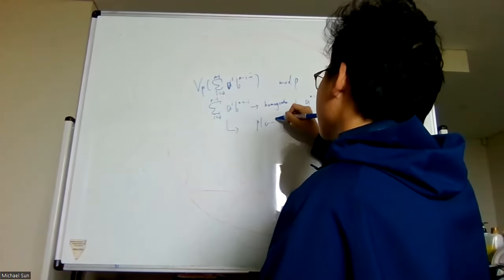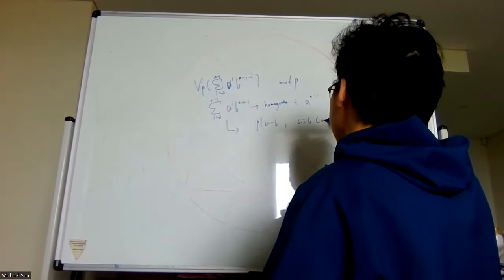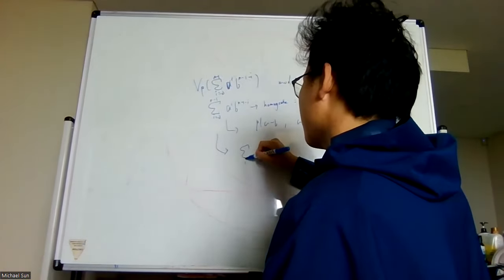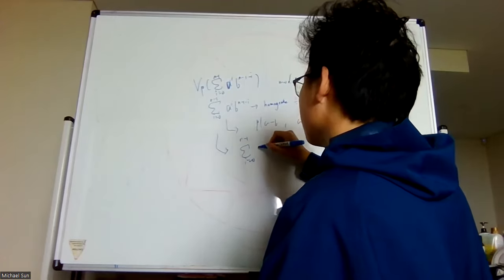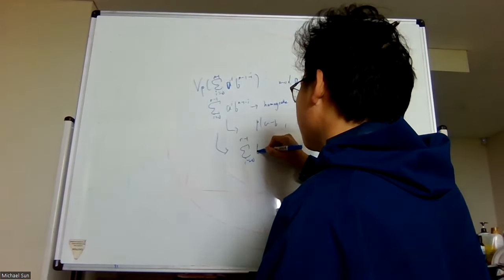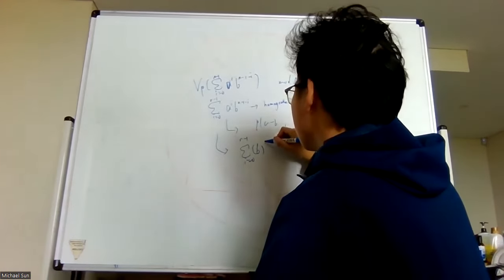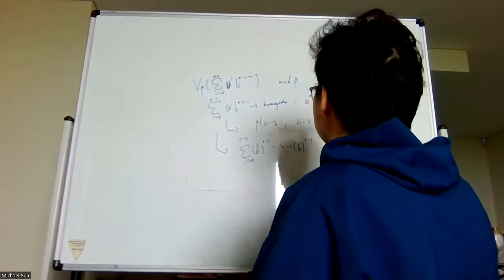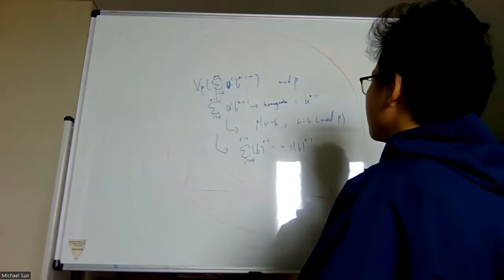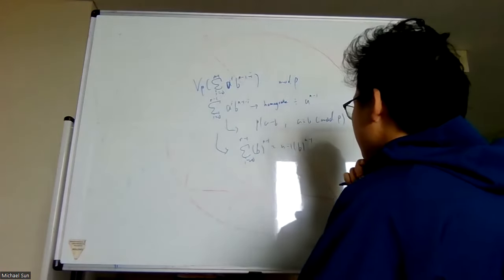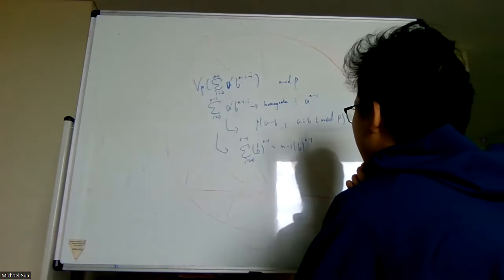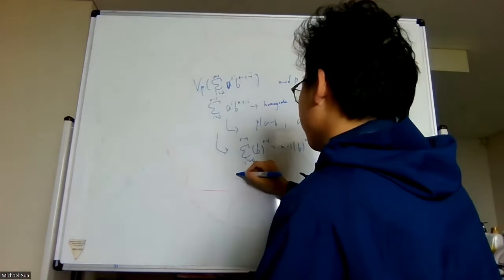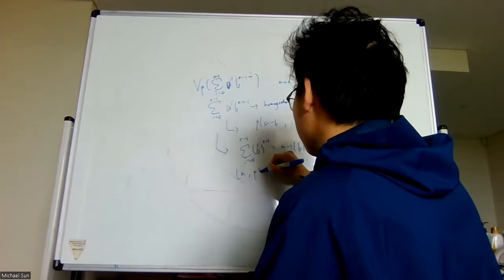Also P divides A minus B. This is equivalent to the sum from i equals 0 to n minus 1 of B to the n minus 1, which is n times B to the n minus 1, right? Now we can also use the condition that n and p are coprime.